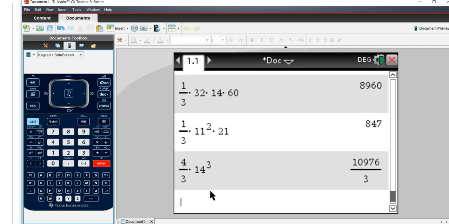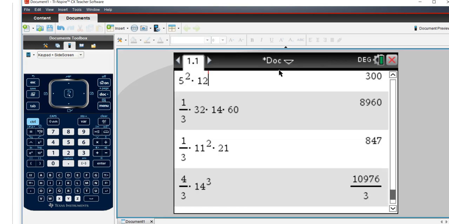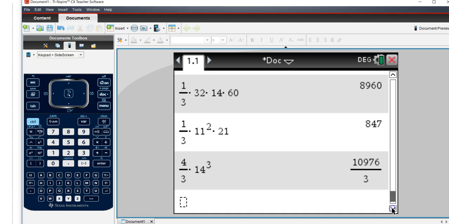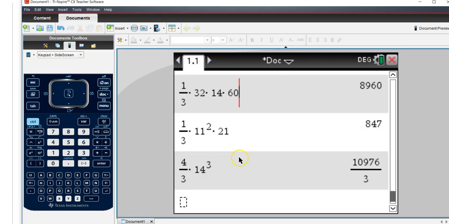If you're using our calculators, in order to convert to a decimal, you go to Menu, Number, Convert to Decimal. I don't know why it didn't do it. Menu, Number, Convert to Decimal.